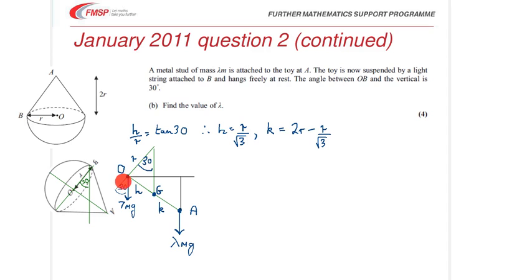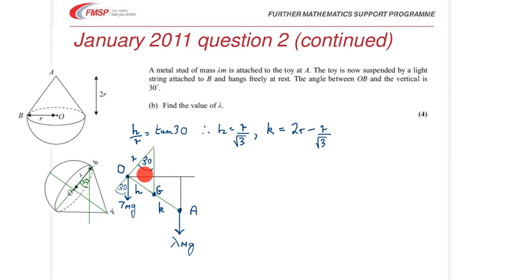Here's the mass of the toy at O, 7mg, and here is the lambda m, the metal stud that we're hanging at A. So we've got to find the value of lambda. Now this is just a matter of finding these distances here, because we're going to take moments about this line through G. So 7mg times this distance will be equal to lambda mg times this distance.